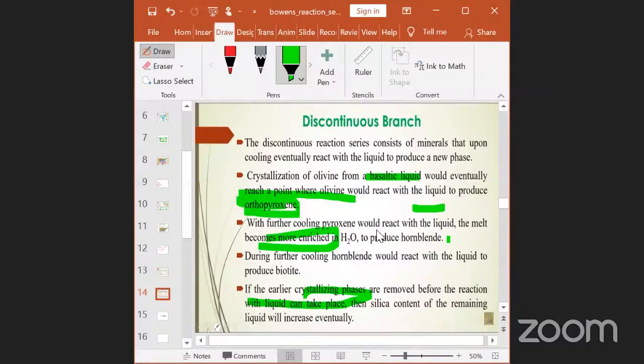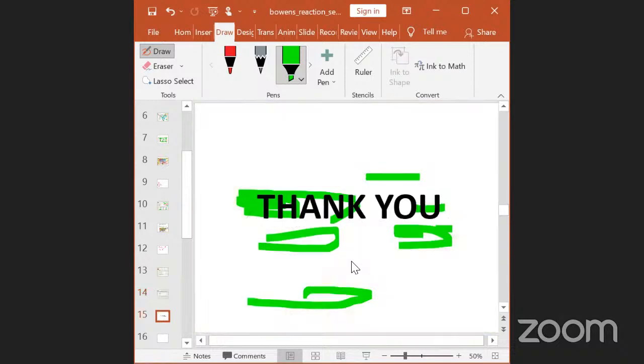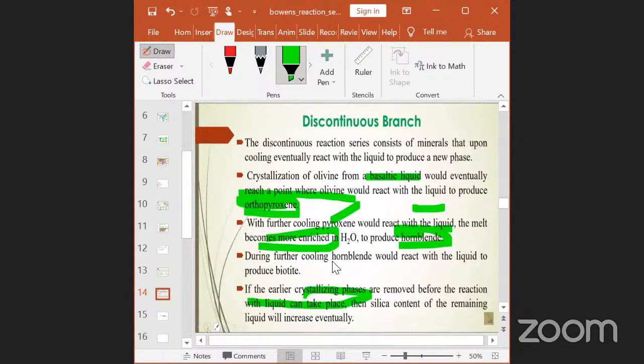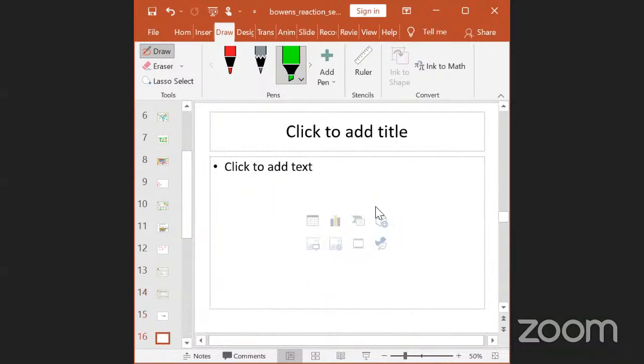With further cooling, pyroxene reacts with the liquid, and the melt becomes more enriched in water, producing hornblende. With further cooling, hornblende reacts with the liquid to produce biotite. And if the earlier crystallizing phases are removed before the reaction with liquid, the silica content of the remaining liquid will increase. So this is Bowen's reaction series.